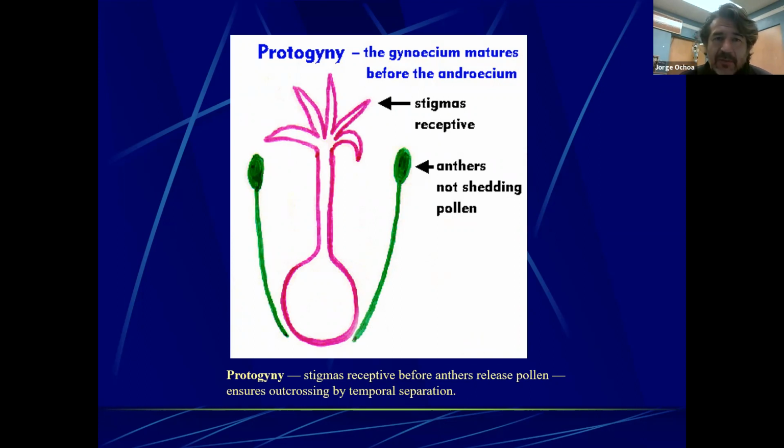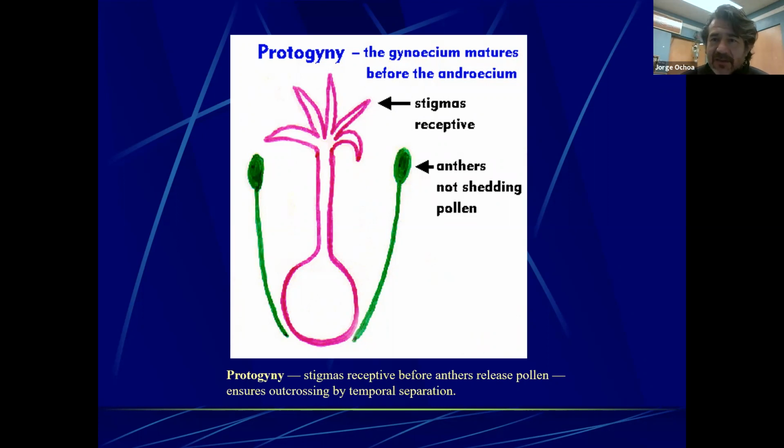So for example, when we have protogyny, this means that the flower's female component, which is the gynoecium or the carpel, the pistil, is going to mature or be receptive before the stamens can drop the pollen. And so that is going to ensure that the flower is going to receive the pollen from a different flower. And it could be a span of several hours or sometimes a span of a day.